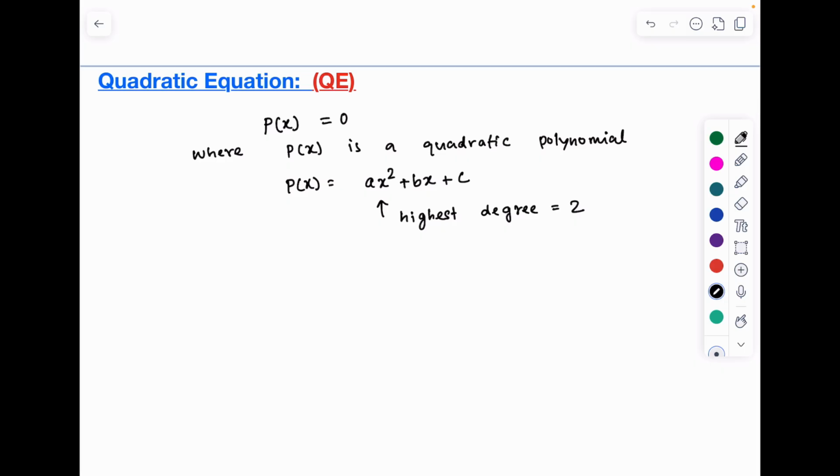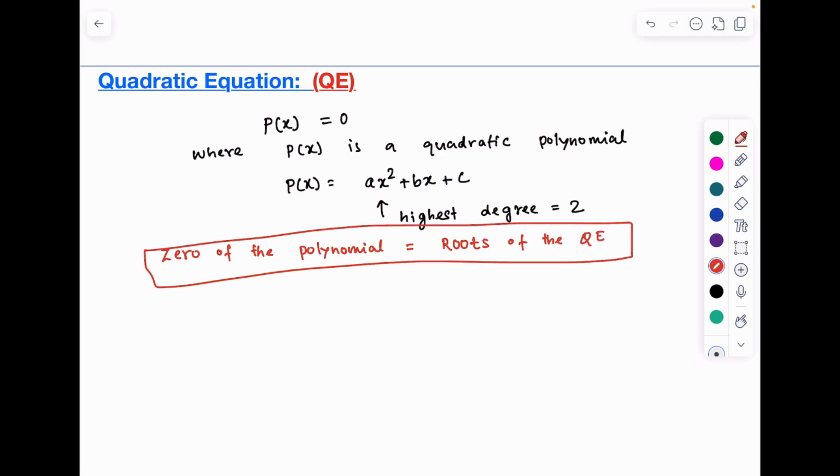It is a quadratic polynomial, and when we find its solution, we will get the zeros of the polynomial. If we take the solution of p(x), that is the same as the roots of the quadratic equation.